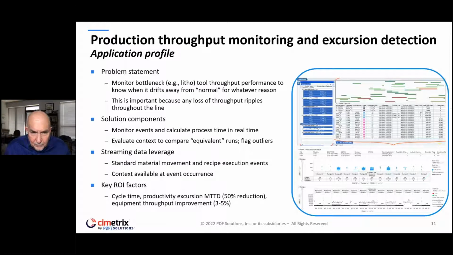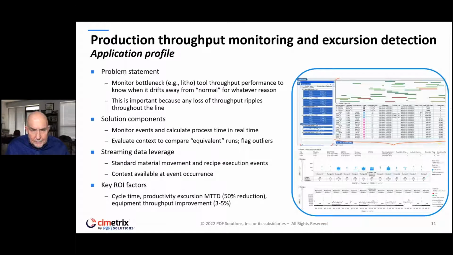Of course, the ROI factors affected by this are cycle time at the equipment level and therefore at the factory level. The mean time to detect, MTTD, you could cut in half the time that it took you to notice that you are having a productivity excursion, and then of course that could translate to equipment throughput improvement.